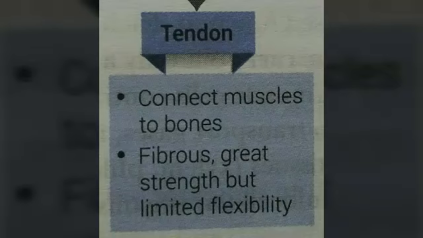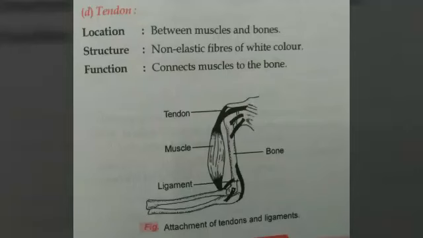Next one, the tendon. What is a tendon? Tendon connects muscles to bones, and the structure is non-elastic fiber of white color. Tendon is fibrous, with great strength but limited flexibility.